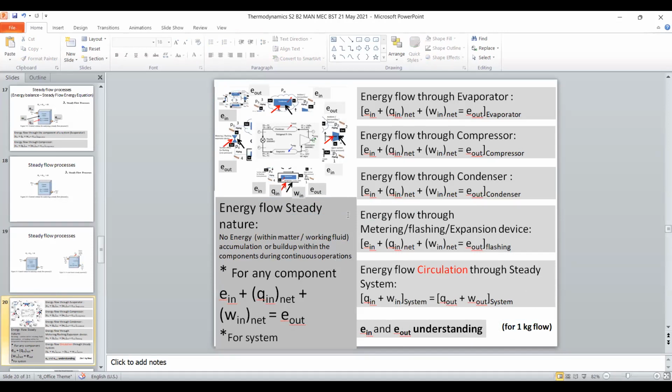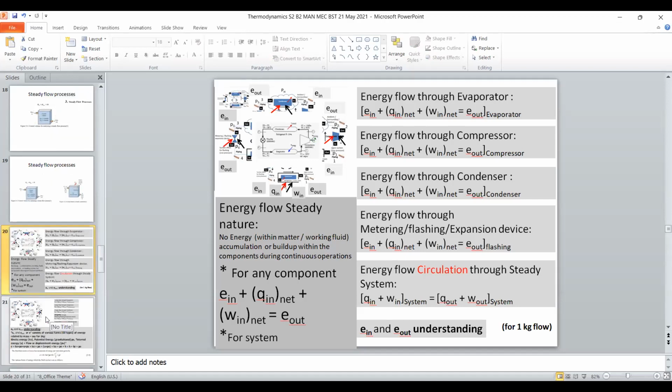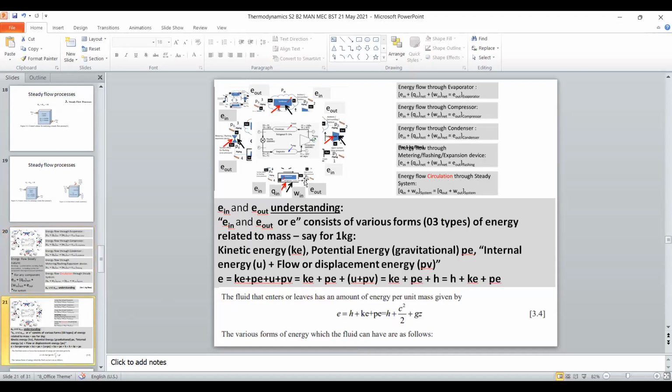Okay, good. Think about this. So we have to understand this E in and E out. We have to understand what E in means in detail. What E out means in detail.